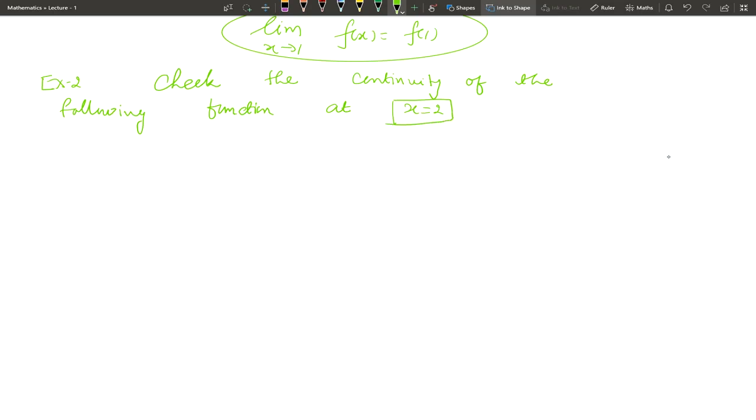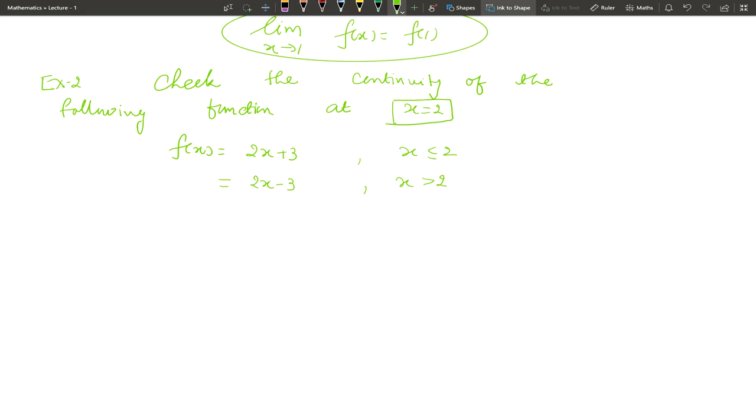Function is defined as f of x equal to 2x plus 3 if x less than or equal to 2, and value is 2x minus 3 if x greater than 2. So here you can observe that function is defined in two parts.